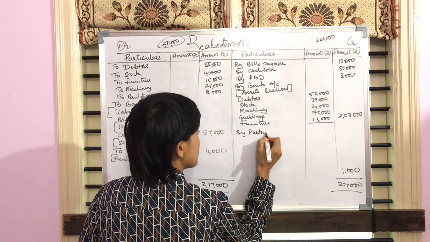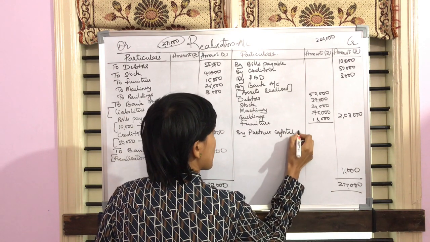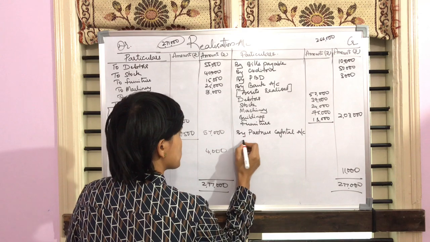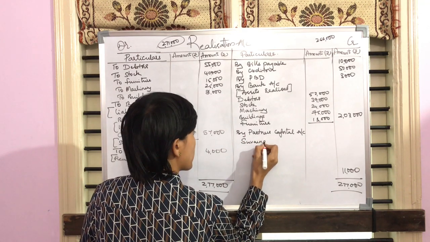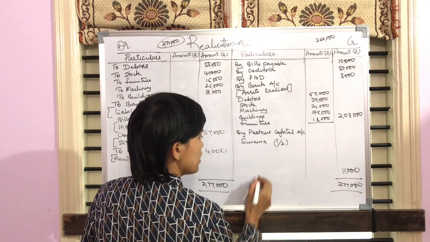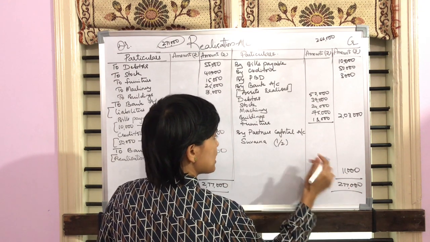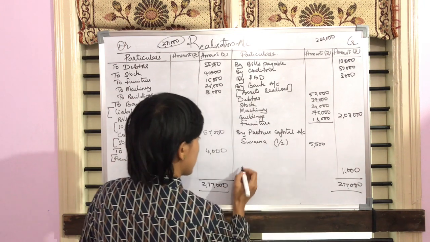So by partners capital account, the first partner is Suvarna. Her profit sharing ratio is 1/2 into 11,000, 5,500.